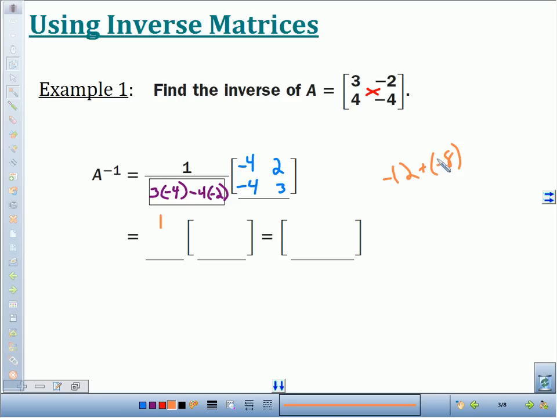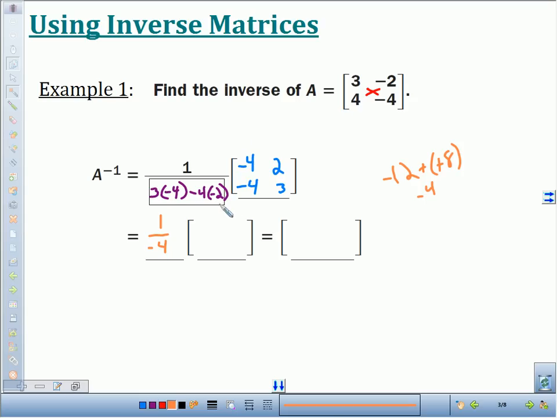And we know that when we have two minuses together, they make plus. So this turns into -4. So my fraction here is 1 over -4.